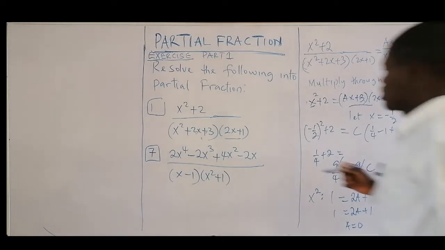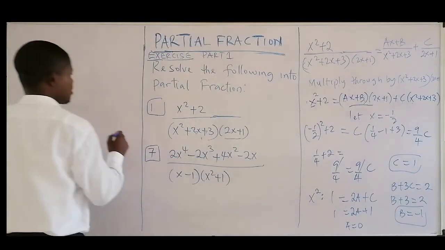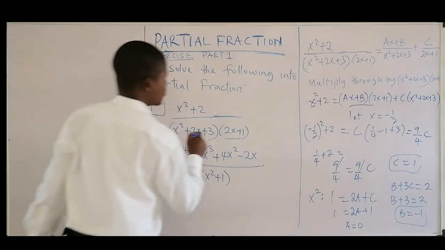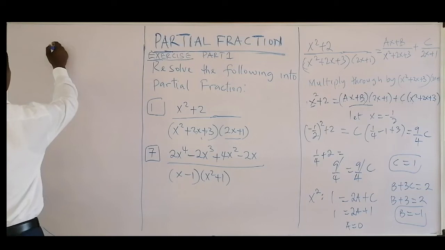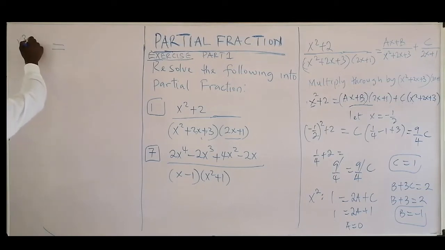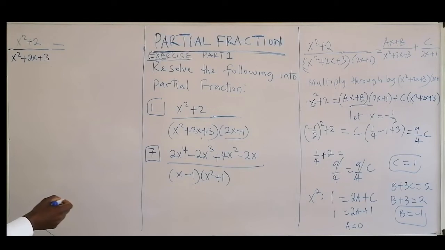So the expression will now become x squared plus 2 all over (x squared plus 2x plus 3)(2x plus 1) equal to: a is 0, so that one is gone.